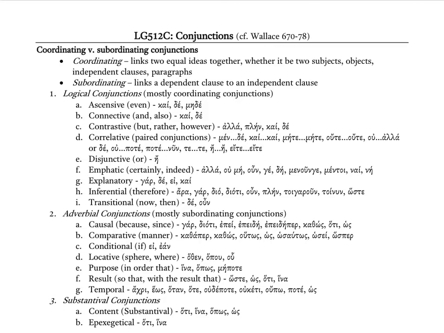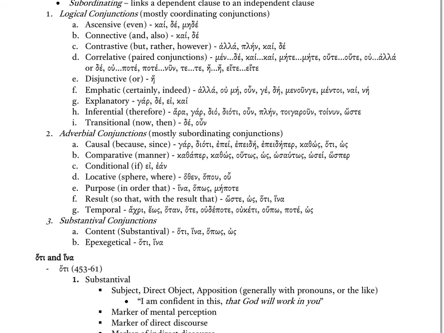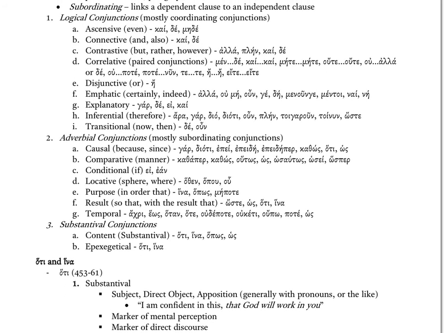If we look at these conjunctions that I have laid out right here, I have listed three different categories: logical conjunctions, adverbial conjunctions, and substantival conjunctions. Logical conjunctions connect ideas through a certain logical framework, right?